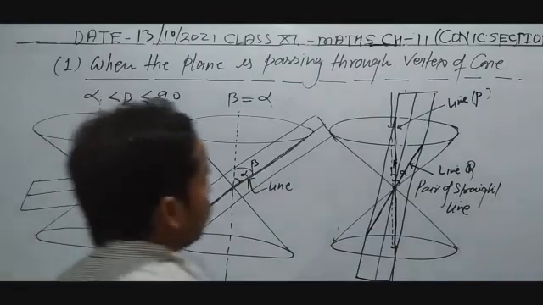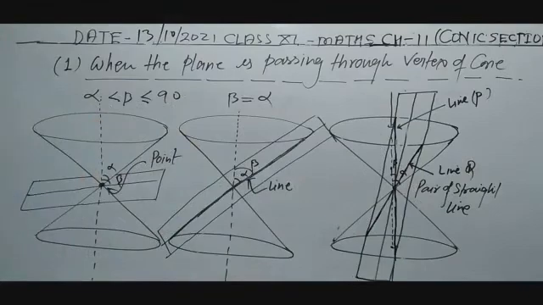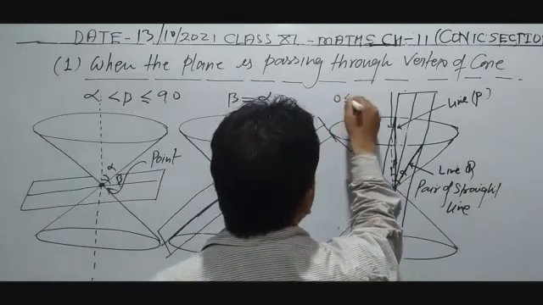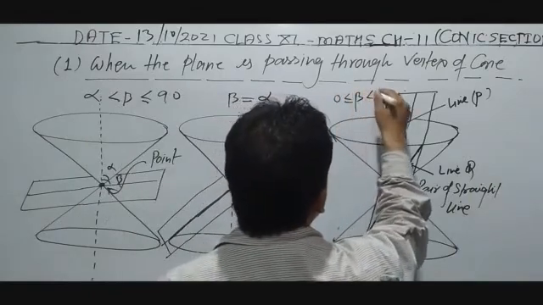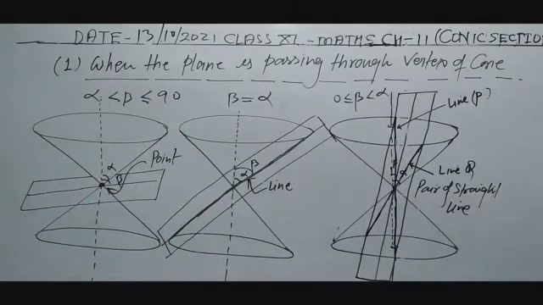And now in this figure, beta is less than alpha. So the condition is beta is less than alpha, and beta is always greater than or equal to 0. So beta is greater than or equal to 0 and less than alpha. This is the condition. Now point, line, and a pair of straight lines. There are three cases.